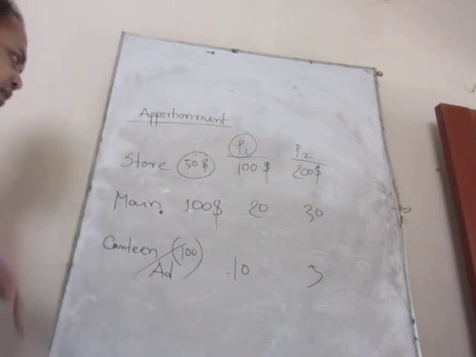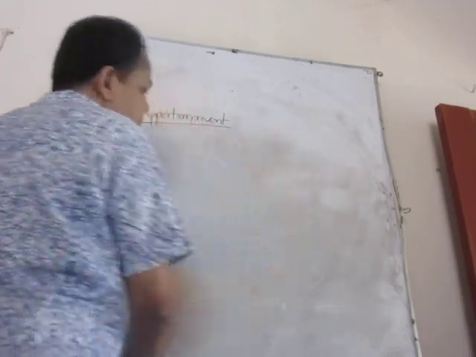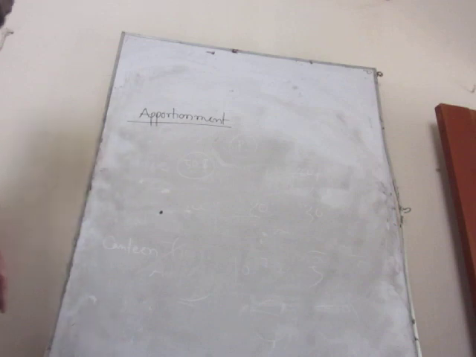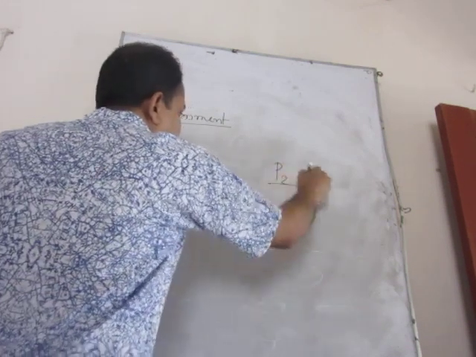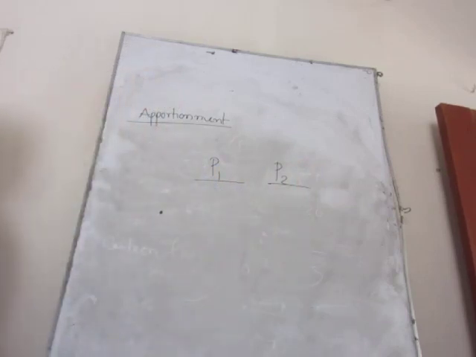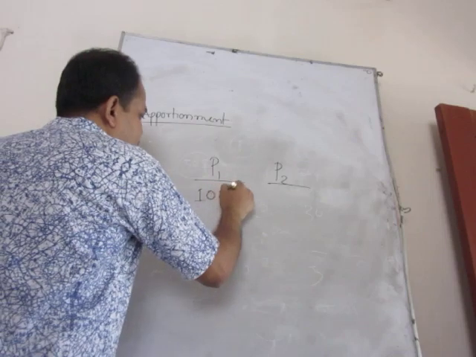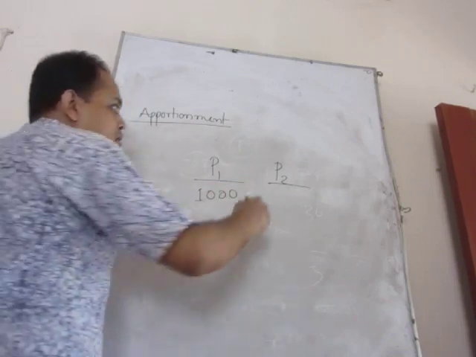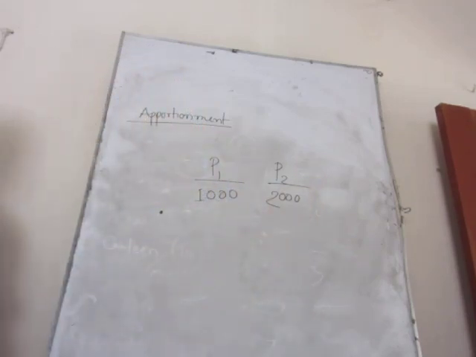For example, suppose production department 1 and production department 2, after allocation, reapportionment, etc., production department 1 has total indirect cost 1000 and department 2 has total indirect cost 2000. Clear? We have calculated the total indirect cost that should be charged.